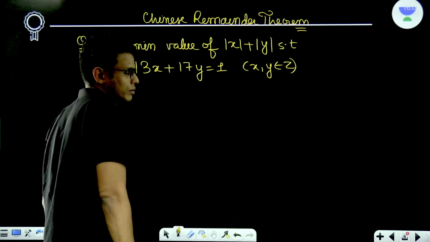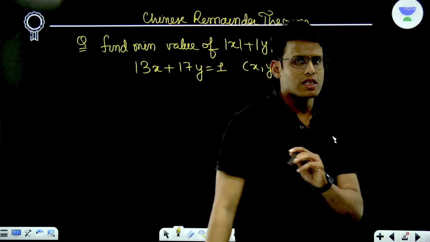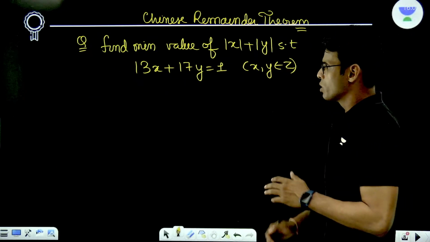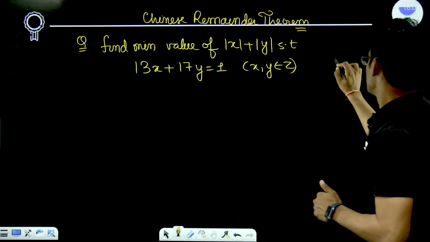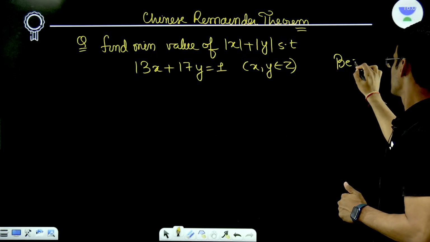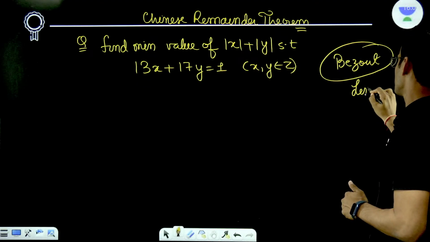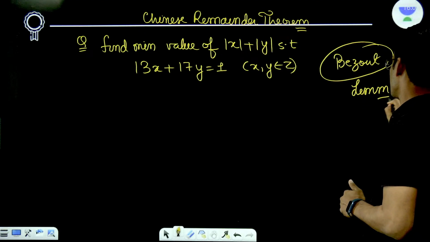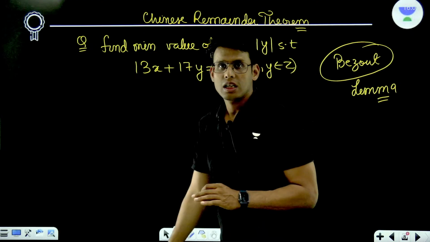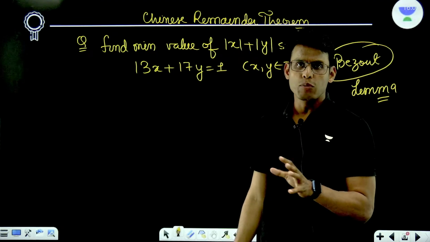Let's try to solve this. Can we solve this one? The solution of this problem is done by something called Bezout lemma. I'm going to give you some time to solve it.